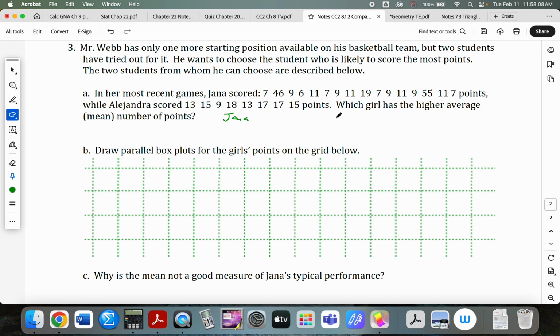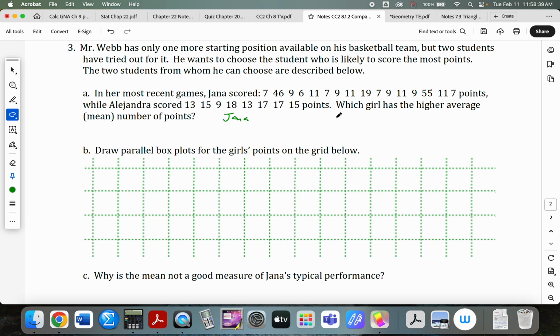What was 7? It can't be like that. If I go from 46 to 9, it's not even right. What do you think the length of the box is?